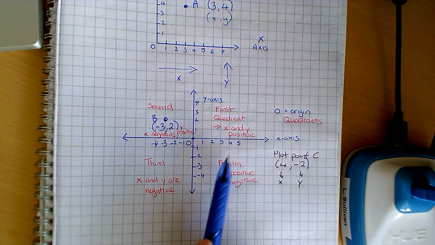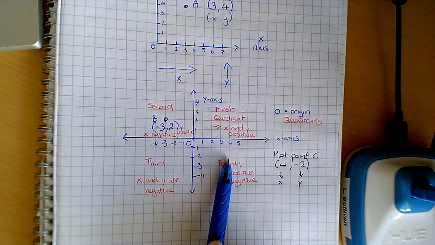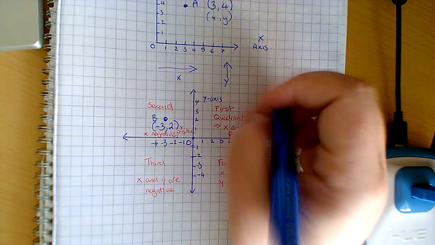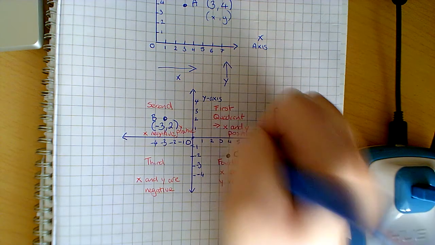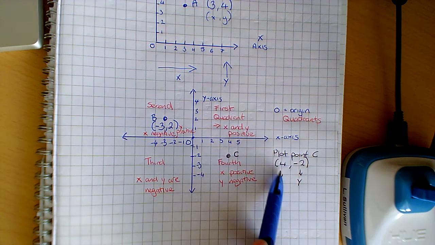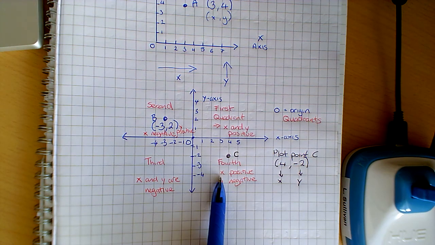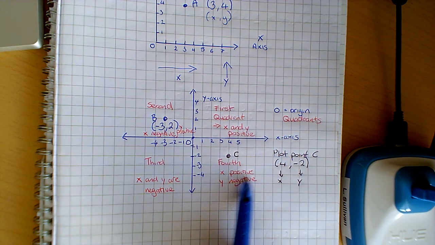So I go across 4, positive 4 on the x, and down negative 2 on the y. So this here is point C. Okay? Because our x is positive and our y is negative, we automatically know that this is going to be in the fourth quadrant.